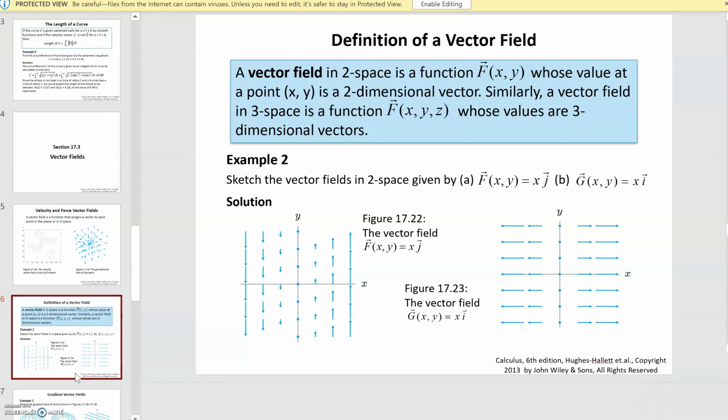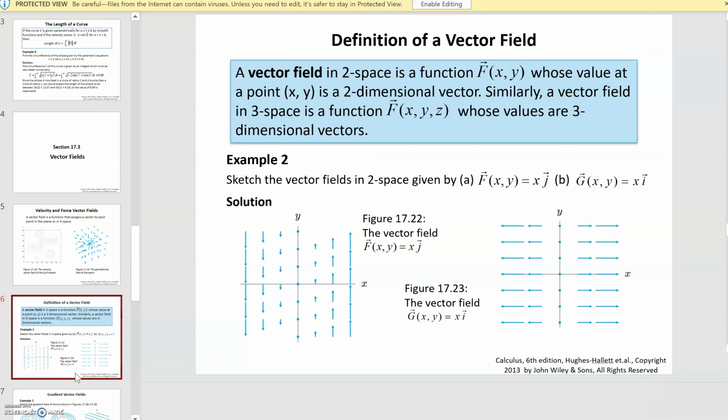If we're looking at example 2 here, notice it has x in the j direction. So we're going to be doing everything vertically here. If I plug in negative x's, I'm going to get a negative number, which corresponds with going down.